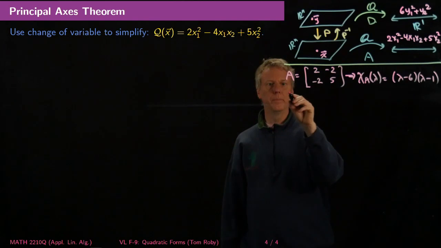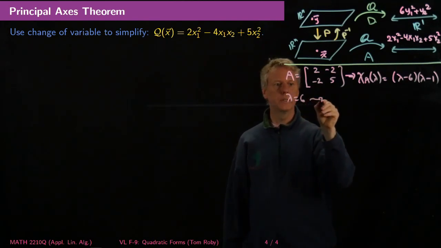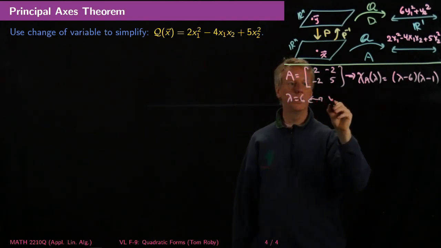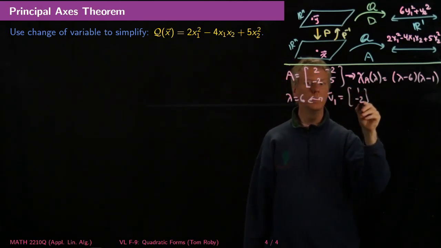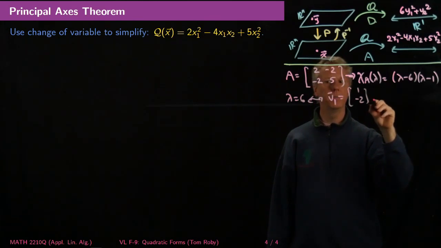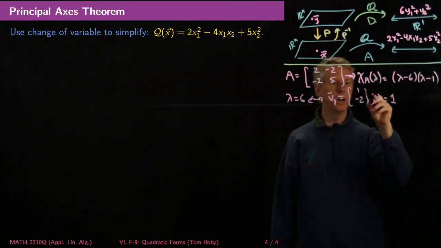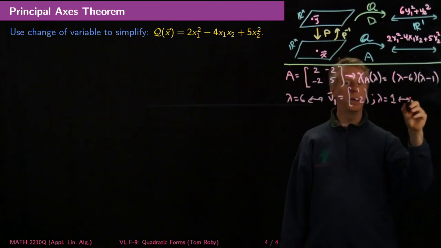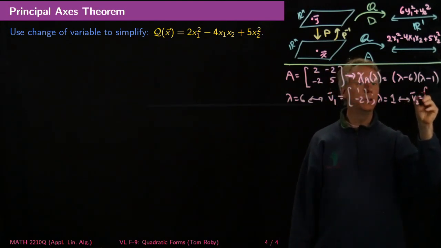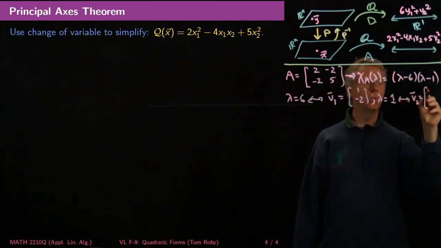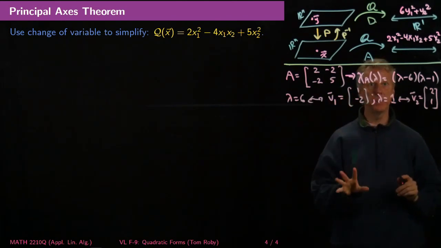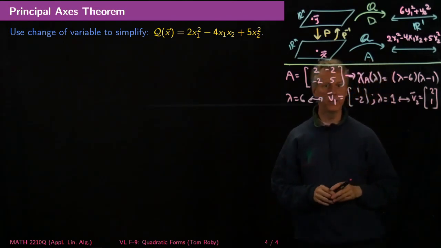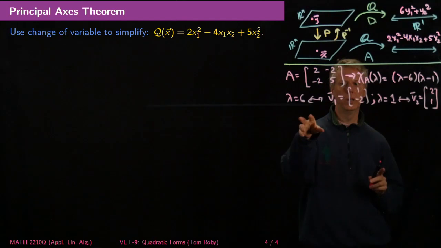So lambda equals 6 corresponds to v1, which is (1, -2), and lambda equals 1 corresponds to v2, which is (2, 1). Again, I'm not showing you how I got this, but you can stop and do it now, or look at the outline of how this works and do it later, whatever you want.